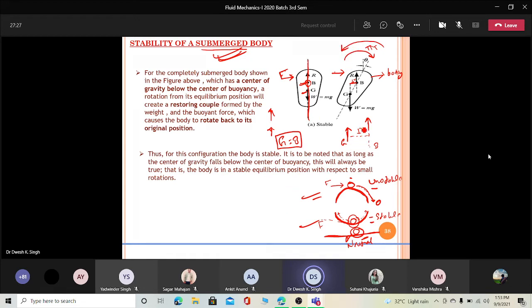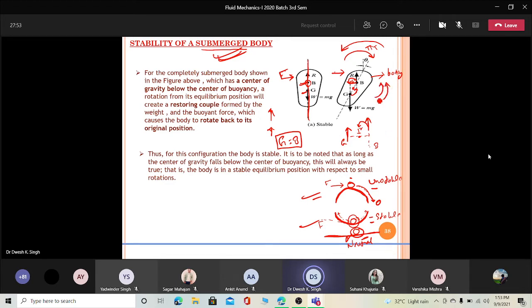Look here, if your body is disturbed, it will rotate about some point. Let us consider that this point lies here, because it will rotate like this, since it is submerged. When we take the moment here, look at this, both act in the same direction.